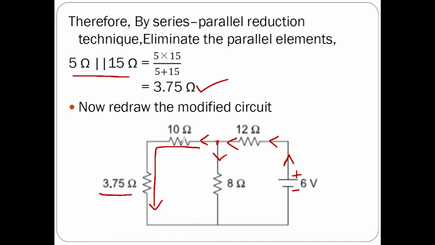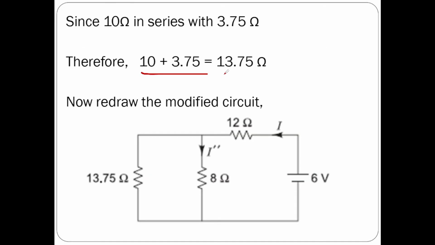So 10 ohms and 3.75 ohms are in series, therefore the equivalent is 10 plus 3.75, which is 13.75 ohms. Redraw the circuit and replace the 10 and 3.75 by 13.75 ohms. Now this is our modified circuit.